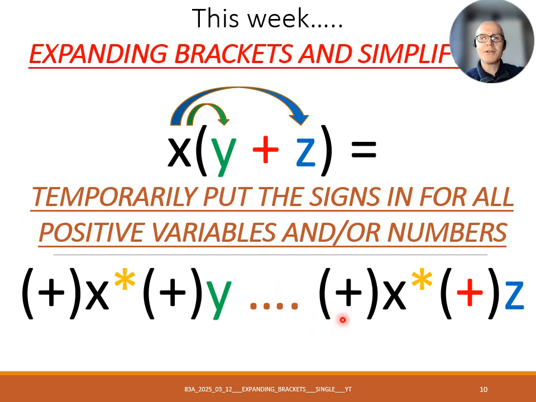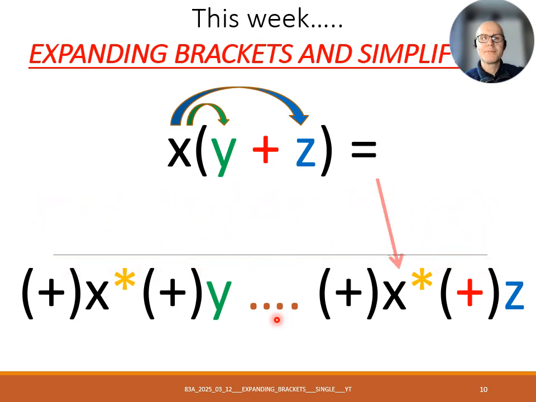And the second part of the equation is positive x times positive z. Here's where the positive z comes from, because it's a plus sign within the brackets. That's why I've color coded it, so you can see where the numbers come from.